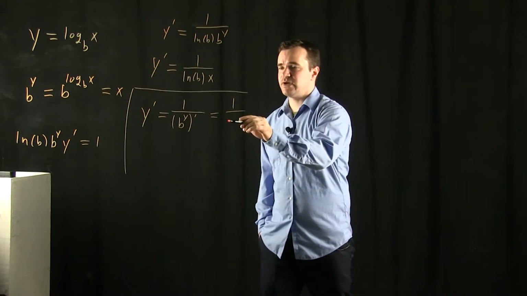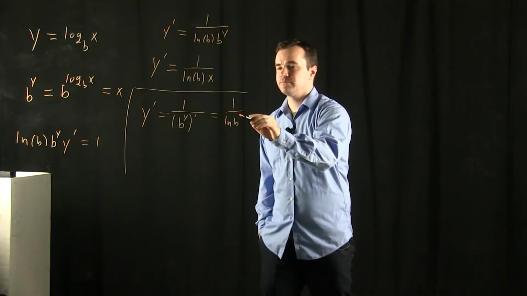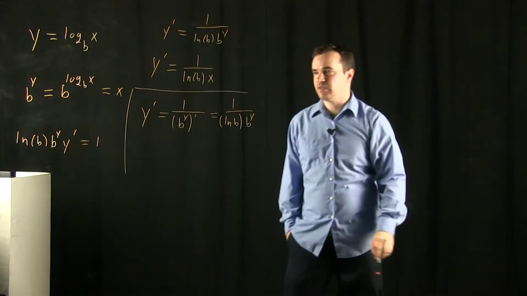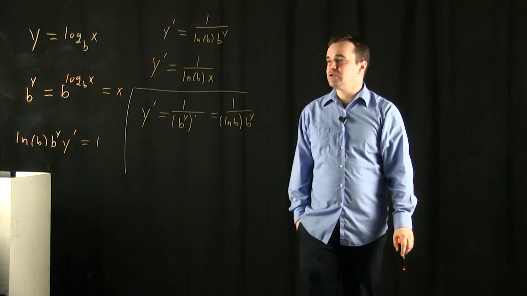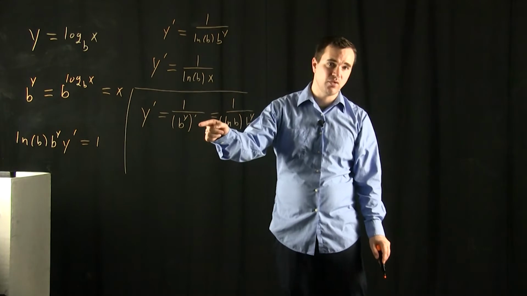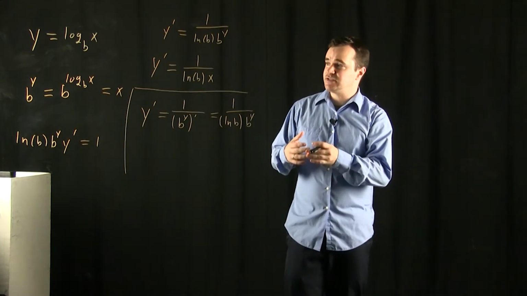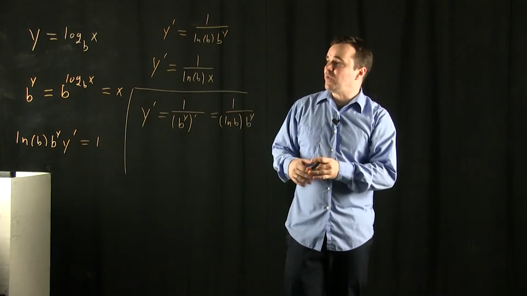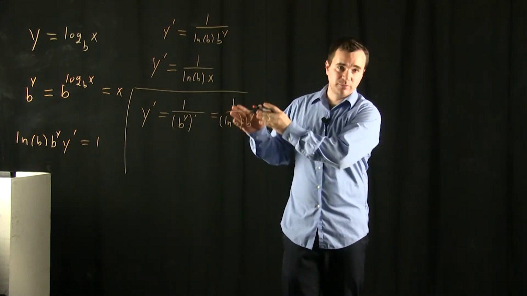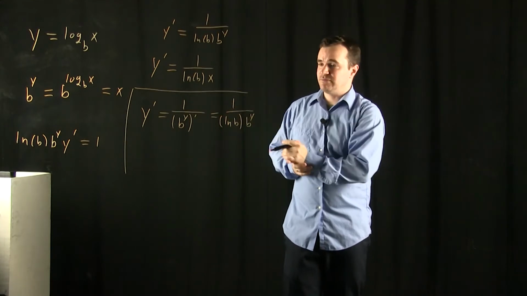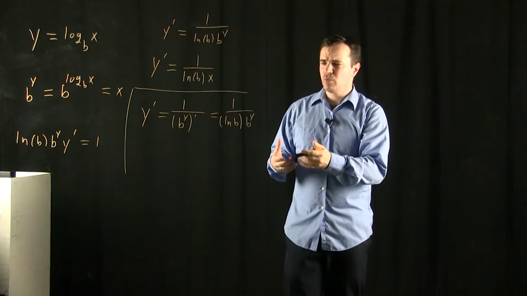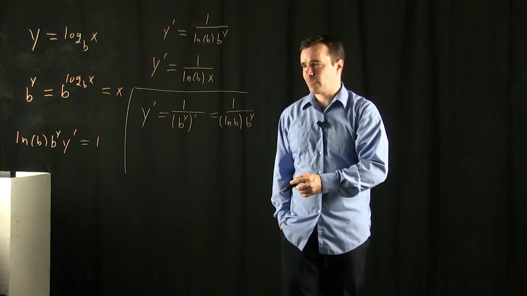And when you do this and write down the formula, that's natural log of b times b to the y. And you're not using the chain rule here because you're really just taking the derivative of this function and then at the point y. That's different from what we did over there when we had to take the derivative of that function, but we were plugging in y equals f of x. So notationally they look the same, but what's going on under the hood is a little bit different.